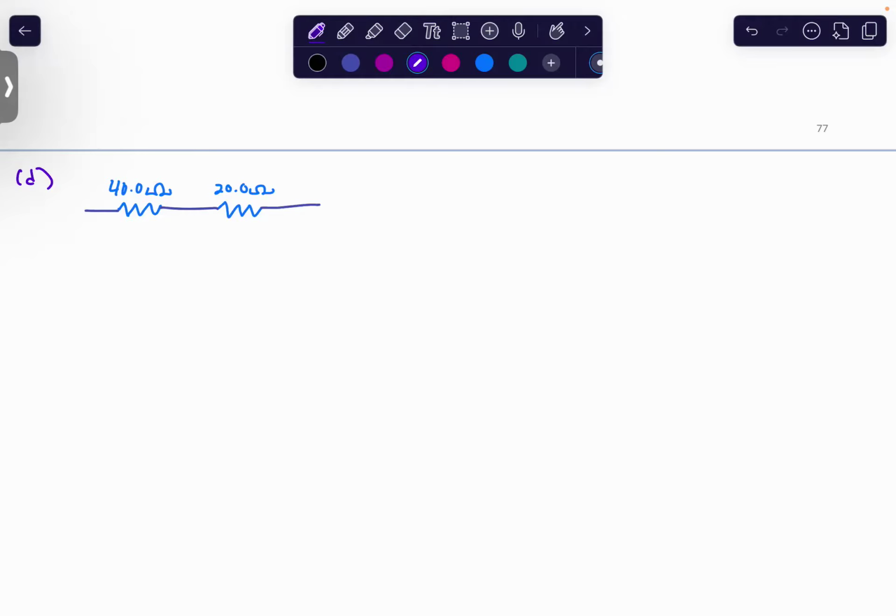No, no, no. What did we say the equation for power was? Because I have a resistor and I have a current.